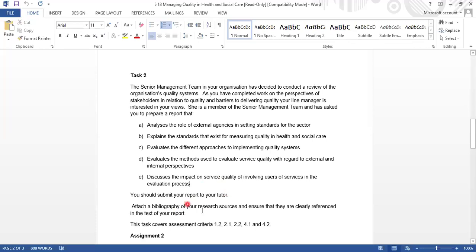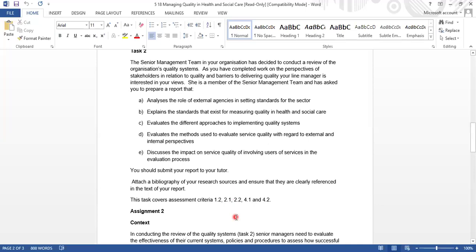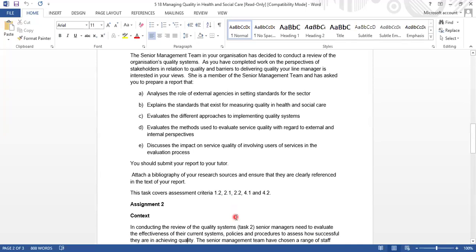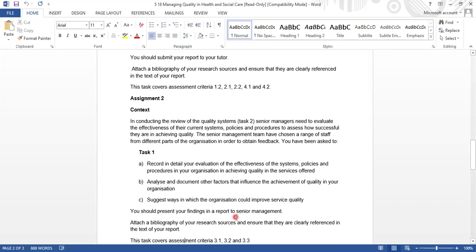So this would be submitted to us, and at the end, if you're using any resources, please reference them. And also, as I said, in-text referencing is very important, as well as referencing at the end.